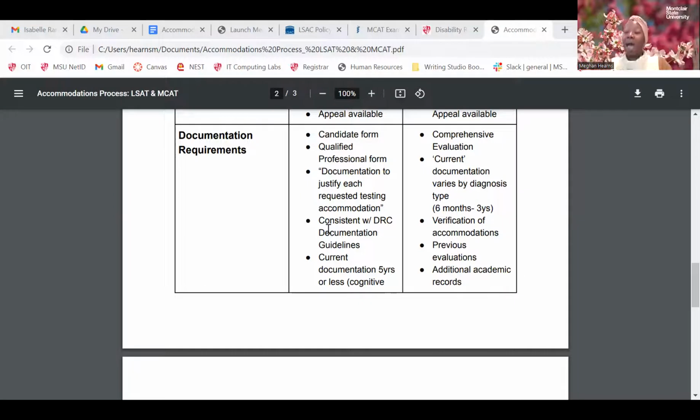If you have received accommodations for at least one semester, even if you were registered since freshman year but didn't request until sophomore, one semester of accommodations with the DRC can also support those accommodation requests for the LSAT.